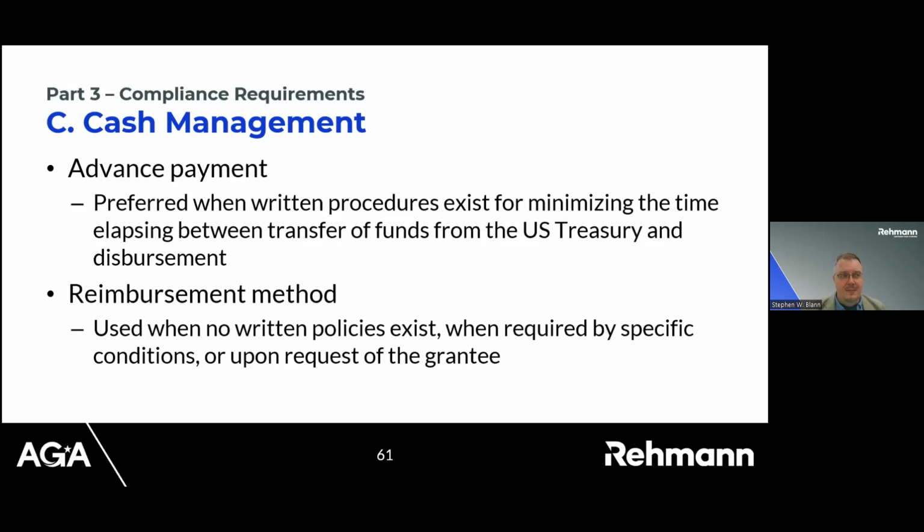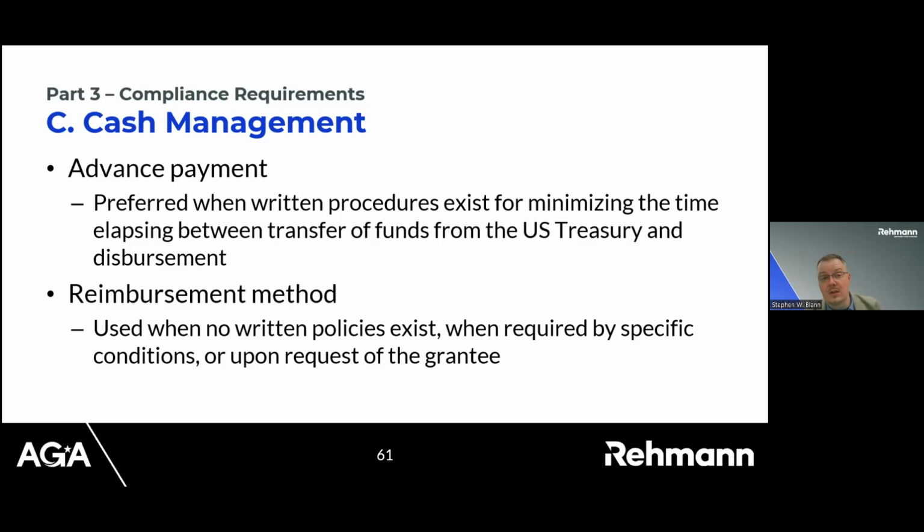Now, if an entity is unable to be trusted with an advance, doesn't have good written policies or procedures, or has some kind of special conditions placed on them based on their risk, then they can move to a reimbursement method. Now, that used to be the default method. Now it should be the exception method of doing "spend your money first and we'll reimburse you." When that happens, there is also a provision to say it might be necessary to give them a working capital advance.